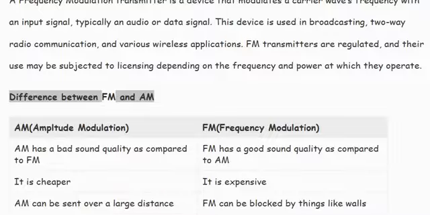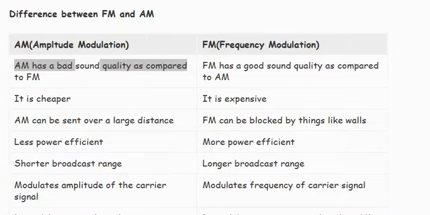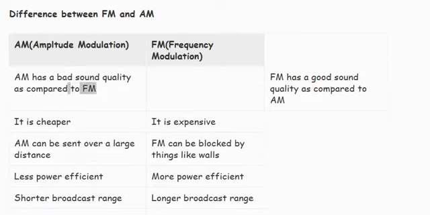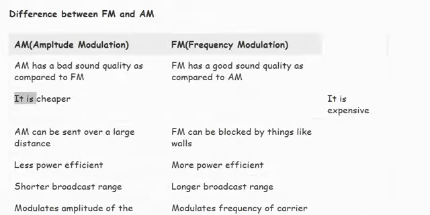Difference between FM and AM. AM: amplitude modulation. FM: frequency modulation. AM has a bad sound quality as compared to FM. FM has a good sound quality as compared to AM. AM is cheaper.